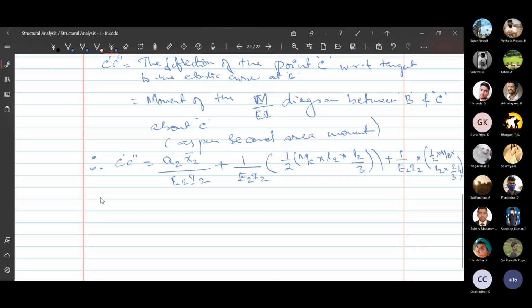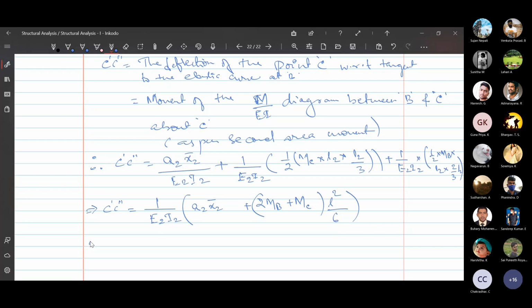So I can write C dash C double dash equals 1 by E2 I2, taking it as common, A2 into X2 bar plus 2MB plus MC into L2 square by 6, just like the previous one.